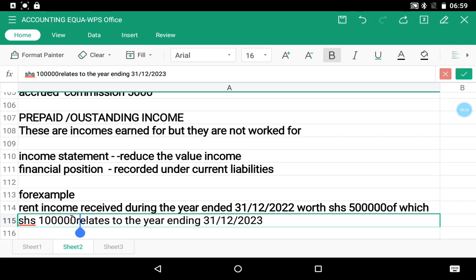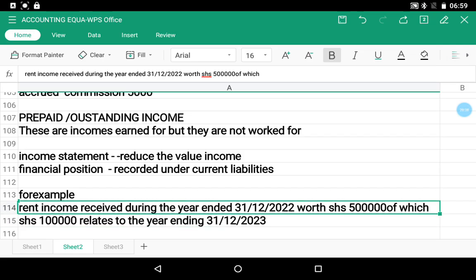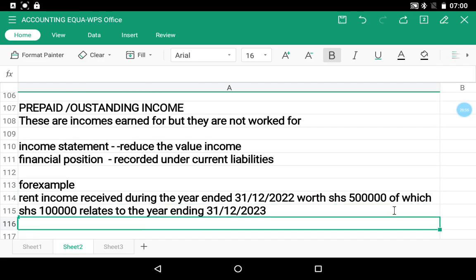rent income received at the end of 31st December 2022, but they have told us that out of that there is some income of the other year, the next year, which is 100,000. So now we are going to see how it is treated in our income statement.